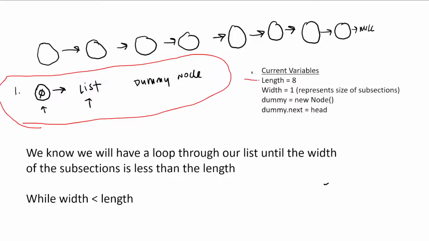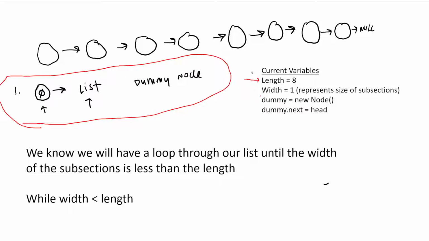And this is just a rough highlight of the variables that we have so far at the very beginning of this bottom-up approach. So we haven't done anything yet. We have a length of 8 on our list after we called get length on the linked list. The subsections begin at the size of 1, so that is the very beginning.